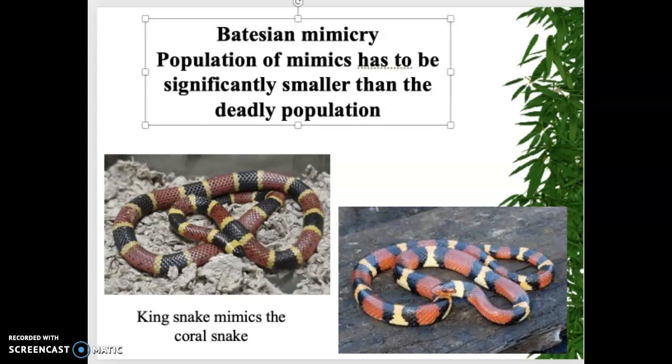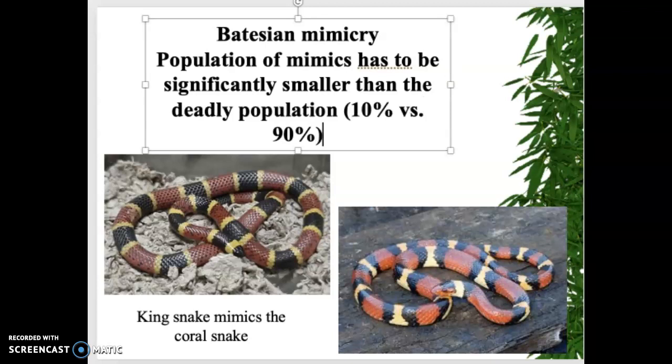Okay, and I'm just going to make up numbers. So the population of mimics has to be significantly smaller than the deadly population.